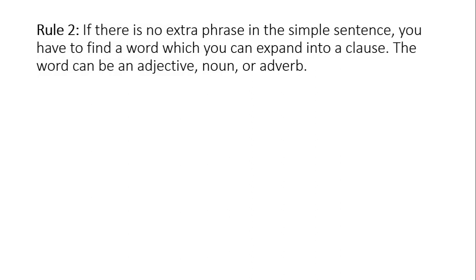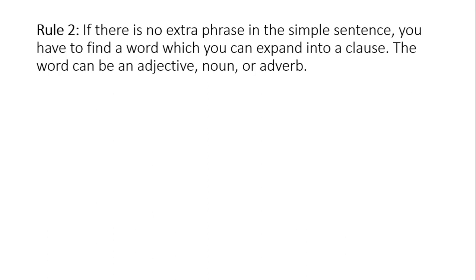So here comes rule number 2. If there is no extra phrase in the simple sentence, you have to find a word which you can expand into a clause. The word can be an adjective, noun, or adverb. Okay?